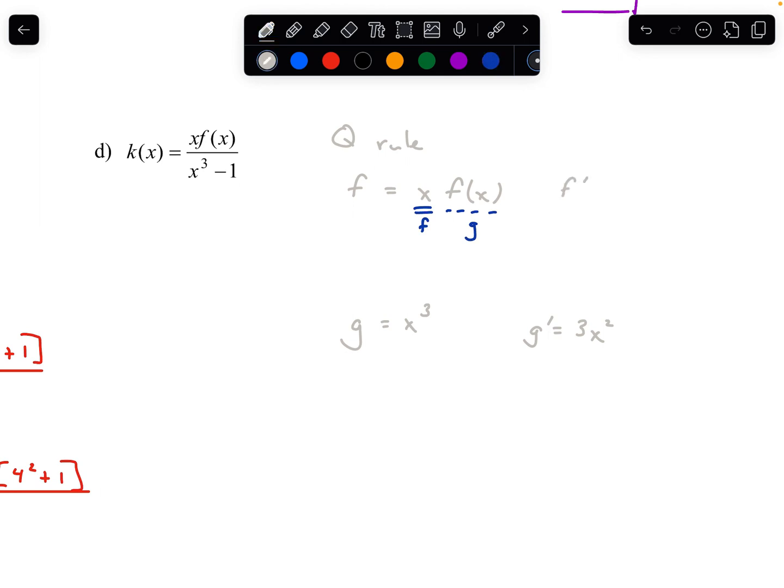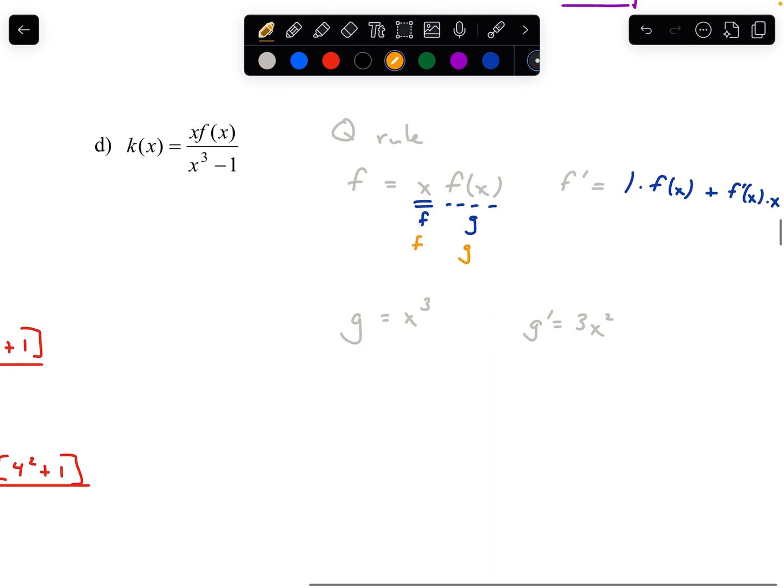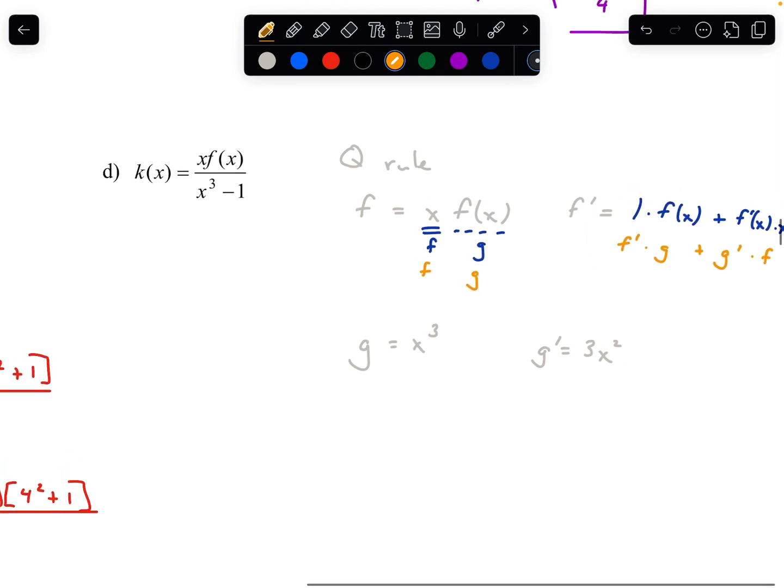So the derivative of that is f primed times g plus g primed times f. There's f, g, f prime times g plus g prime times f.